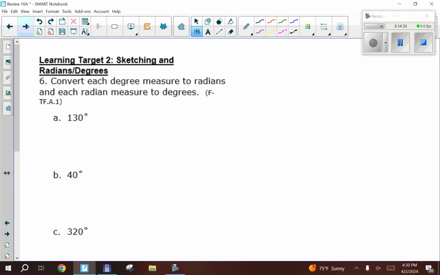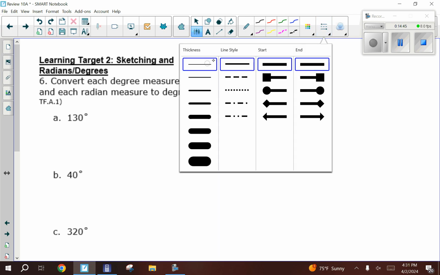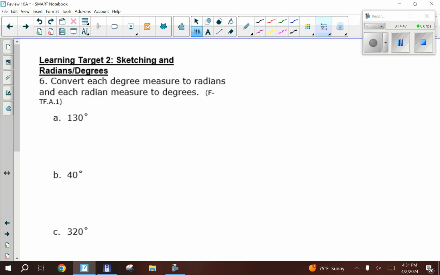Okay. Next one says convert each degree measure to radians and each radian measure to degrees. So in order to do this, you have to remember a couple formulas. So let's say we're going radians to degrees. A radian has a pi, and the degree has the degree symbol.